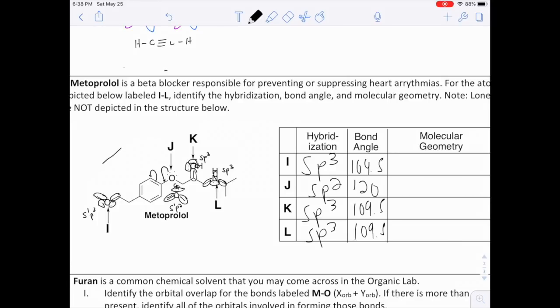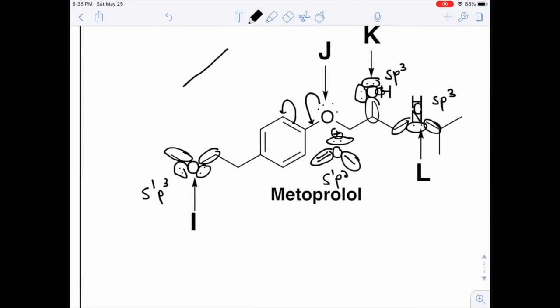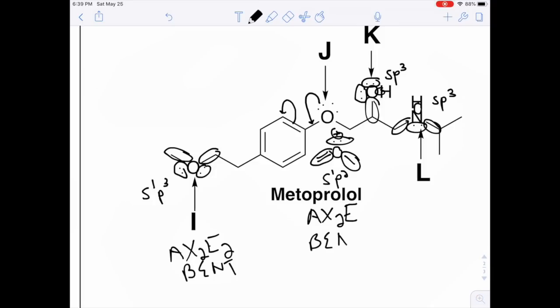So let's just do that for all of these down below. For I, we see that we have 2 bonds attached to it and then 2 lone pairs, so that's AX2E2. And that is a bent molecule, so that's bent. For J, we see that we have AX2E, so there are 2 bonds to oxygen. We don't count the double bond twice, it's just 1 bond. AX2E, that's also bent. For K, we see that we have AX2E2, that's also bent.